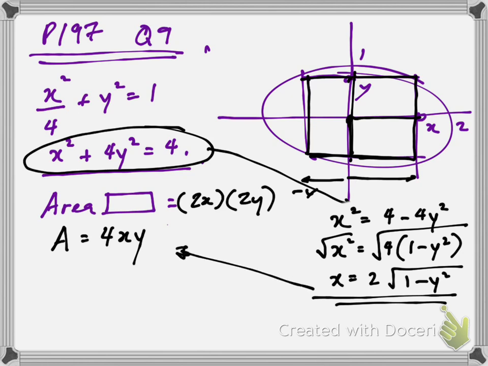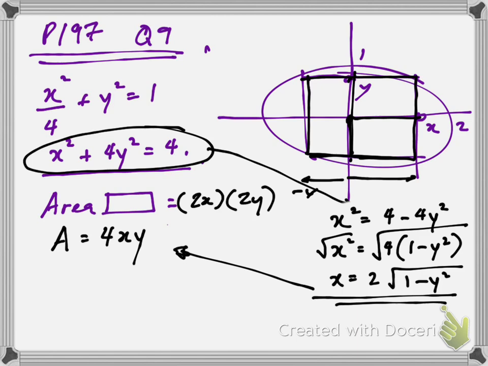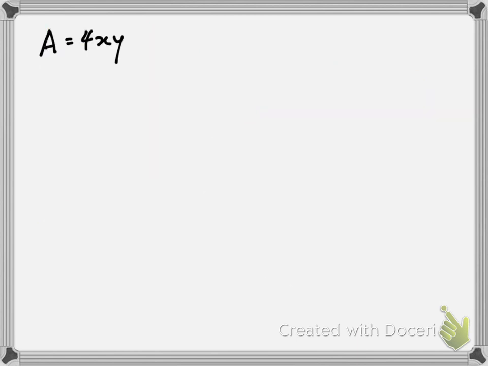And then I substitute back here. So my starting equation would be area equals 4xy. Let's go back. x equals 2 square root of 1 minus y squared. Okay, let's plug it in.